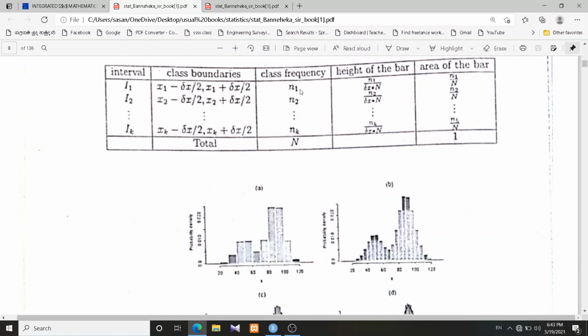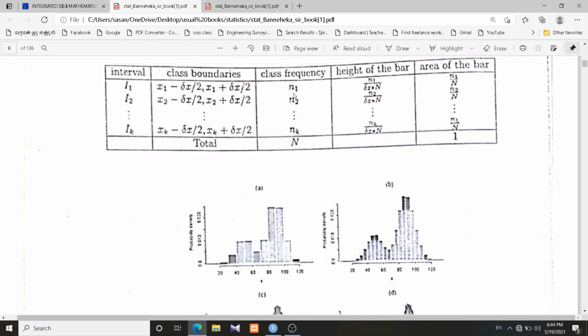The probability related to a particular interval can be written. For example, for the first class interval L1, the probability can be written as little n1 upon upper n, because all the scenarios that can happen are given by upper n. So it is the ratio between those likelihoods.